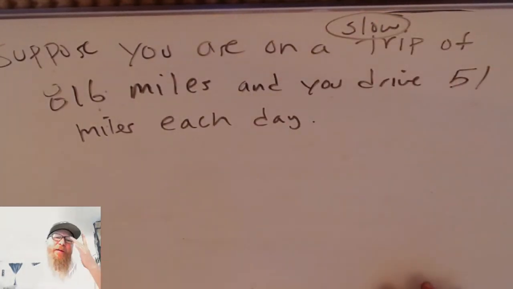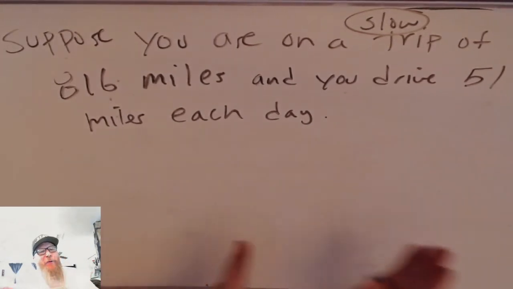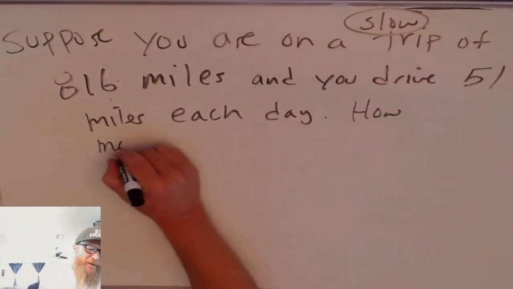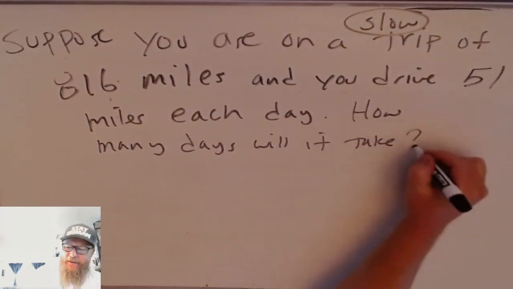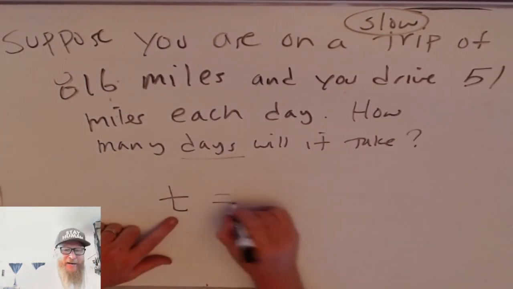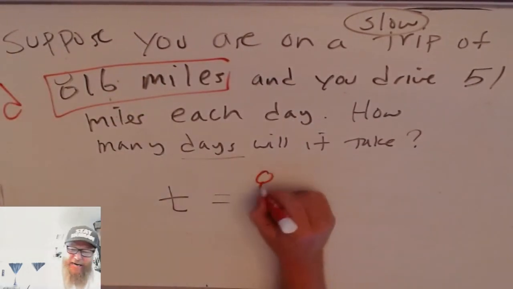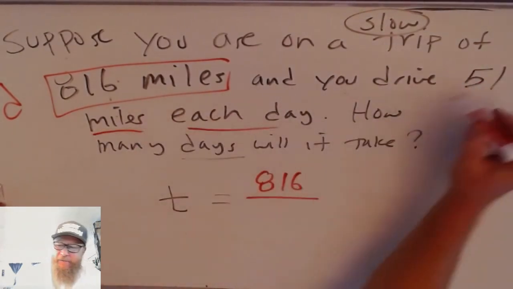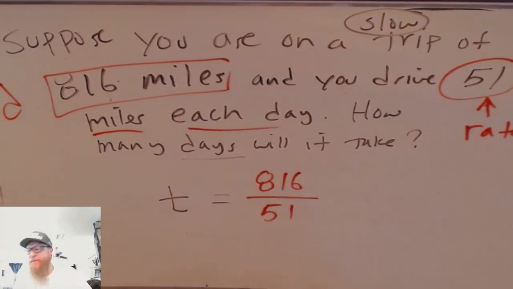I don't know, maybe you're riding a bike or maybe you're just on Highway 1 or something. You're taking a real slow trip. How many days will it take? So how many days? That's the T for time. The miles, that's your D for distance. So 816. And 51 miles per day, that's your rate. So 51 goes on the bottom.